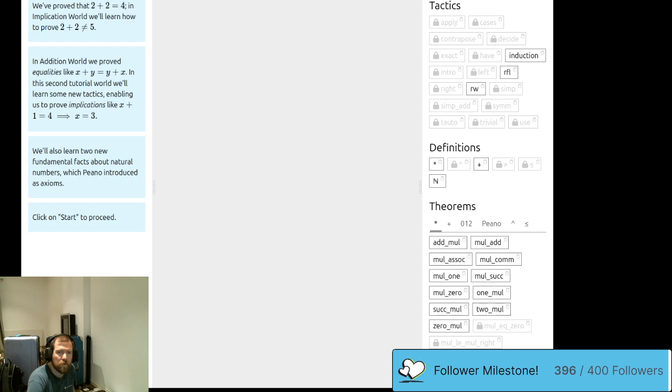In addition world, we proved equalities like x plus y equals y plus x. In this second tutorial, we'll learn some new tactics enabling us to prove implications like x plus 1 equals 4, therefore x equals 3. We'll also learn about 2 new fundamental facts about natural numbers, which Peano introduced as axioms.